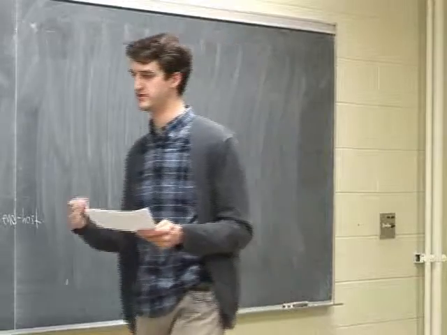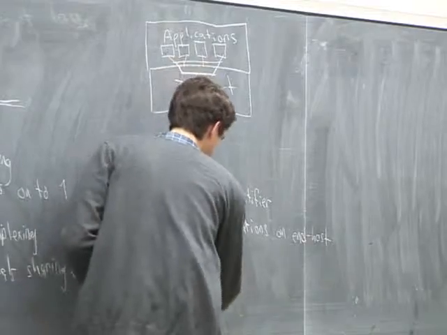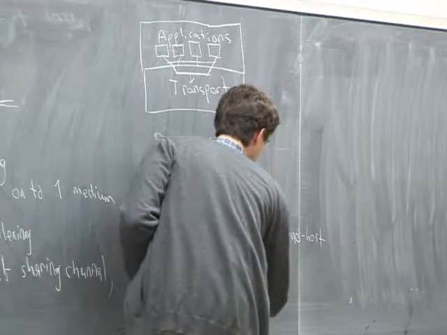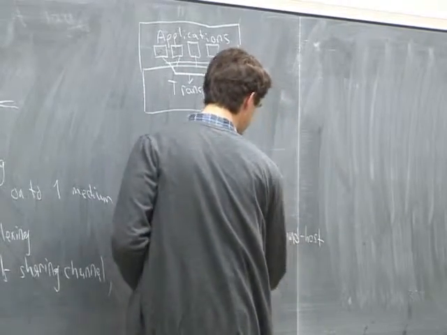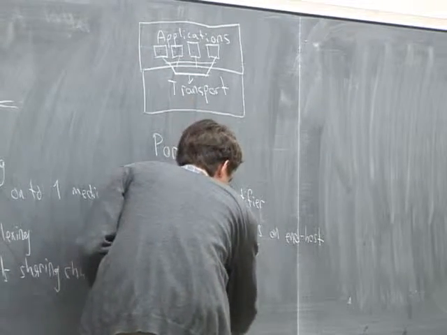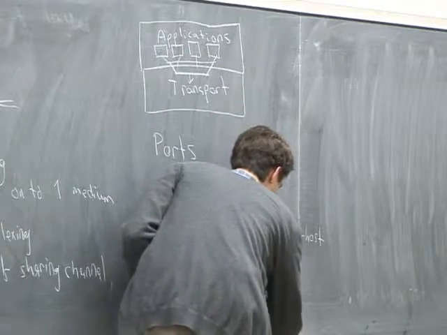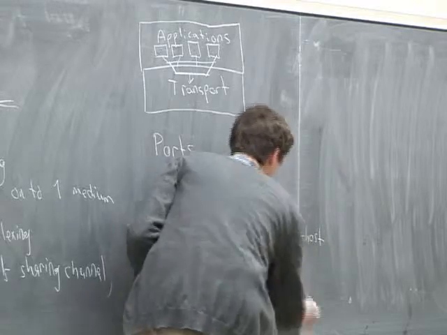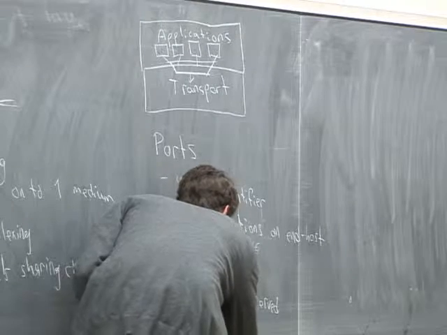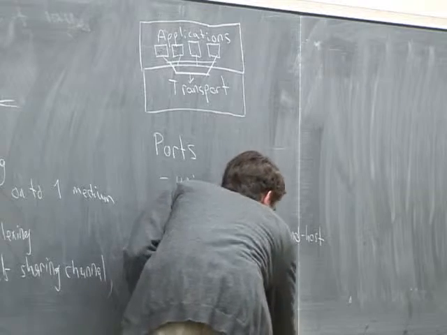Just to give you some more details on a port, these ports are 16 bits. That means there are 2 to the 16th available ports for use. The ports 0 through 1023 are reserved for well-known services. We'll give you a couple examples in just a sec.